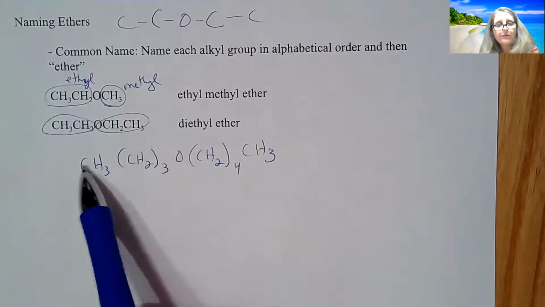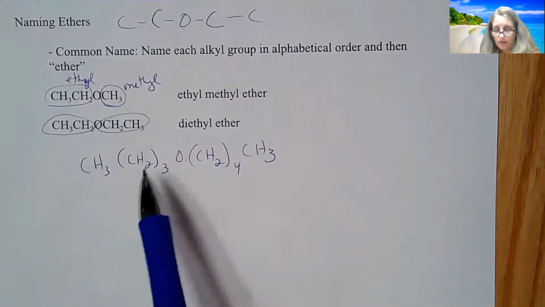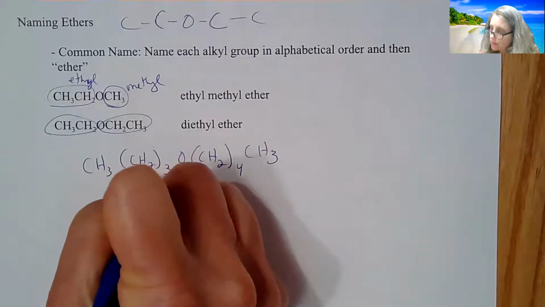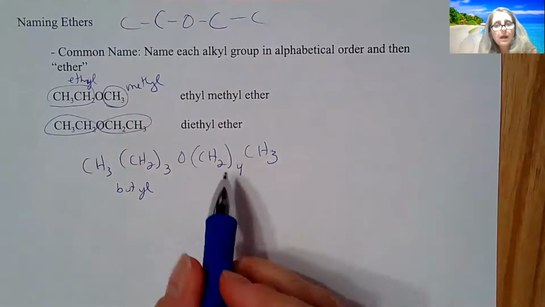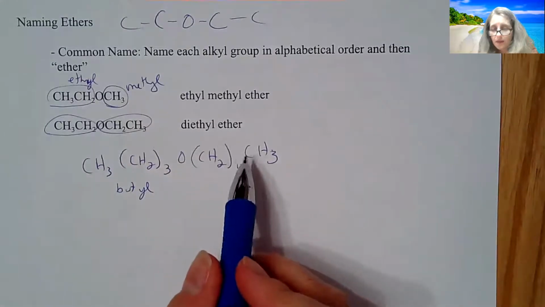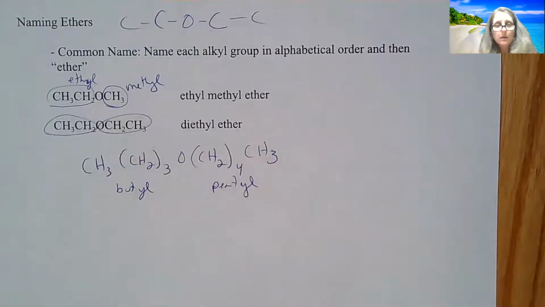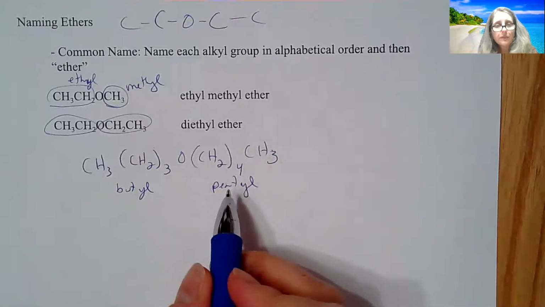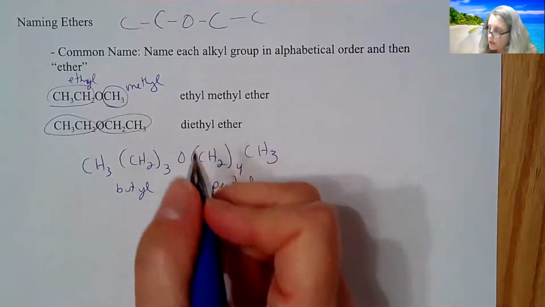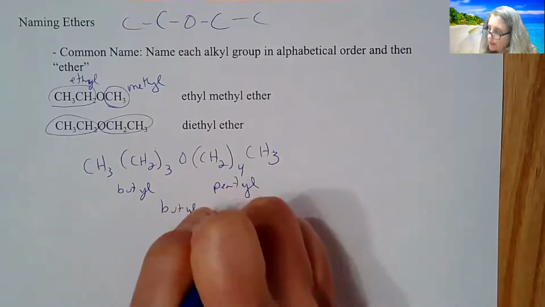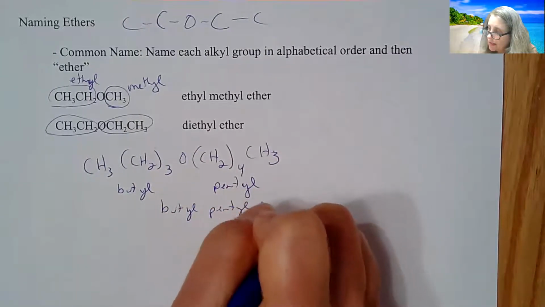So I have a total of 4 carbons on this side. So that's going to be a butyl group. And then here I have 4 plus another one, that's a total of 5, so it's going to be a pentyl group. All right, who comes first in the alphabet? Butyl, okay? So you're going to call this butyl pentyl ether.